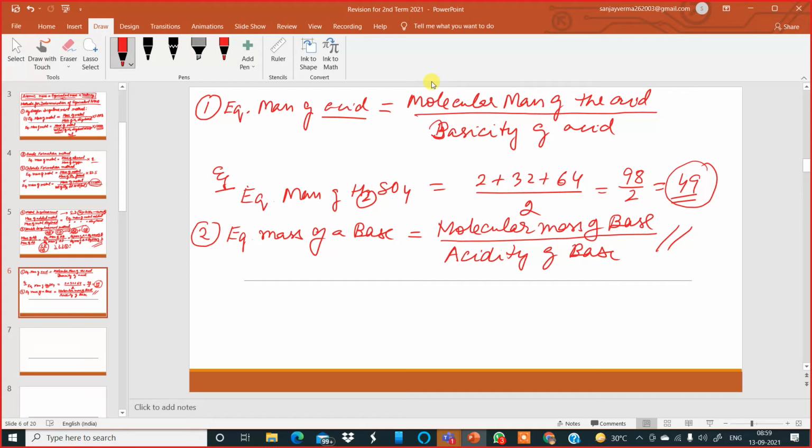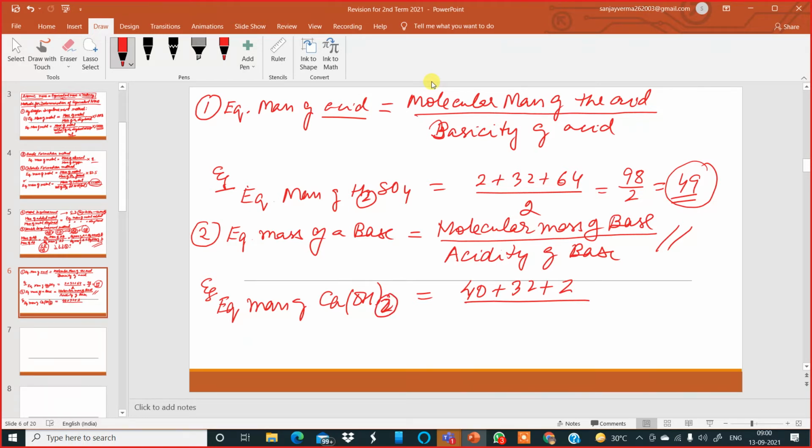Now let's do an example here also. Say the equivalent mass of calcium hydroxide. Calcium is 40, plus oxygen is 2 atoms, 32, hydrogen 2. So divided by, over here, how many hydroxyl ions does it possess?